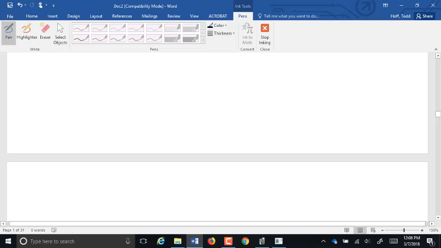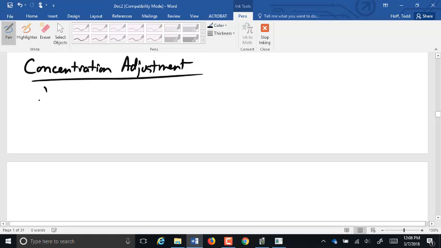Which leads us to another formula, which kind of ties in with all this. This is our concentration adjustment formula, or change of concentration formula.